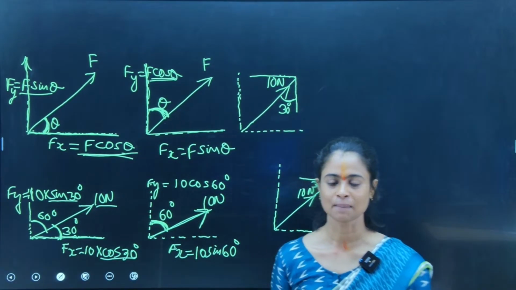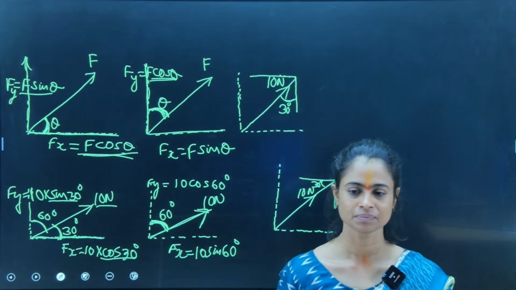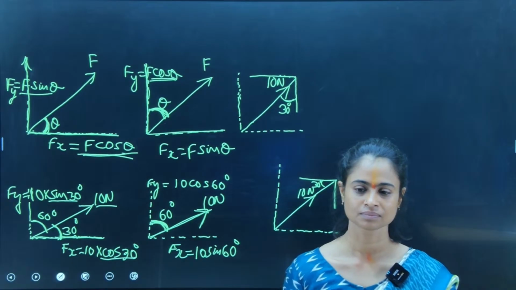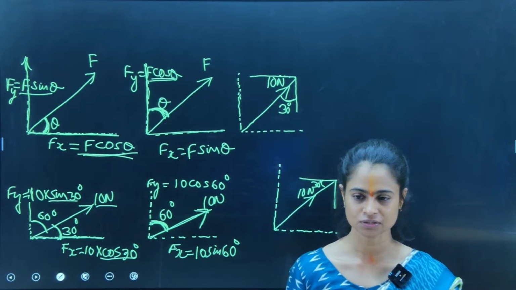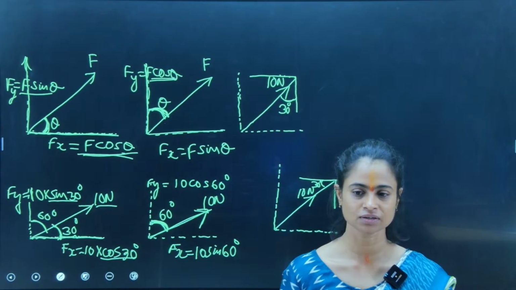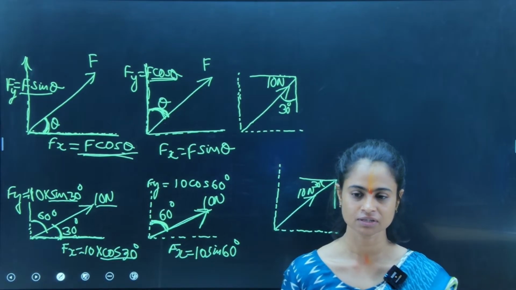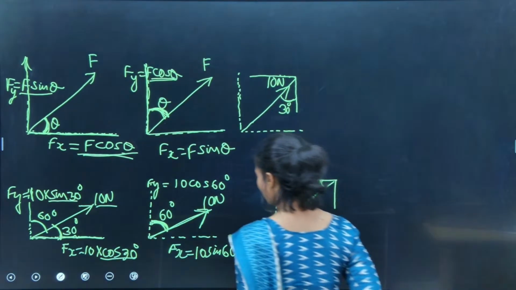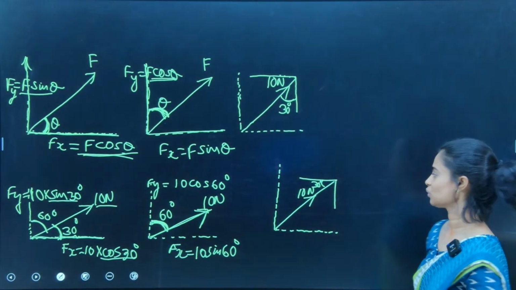Yes, Preeti, is there any confusion here? I think there is a confusion in sin 30 and cos 30. Sin 30 is 0.5, whereas cos 30 is 0.866. Similarly, you can check this out and let me know, right?